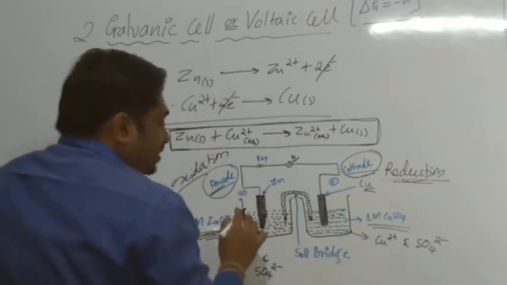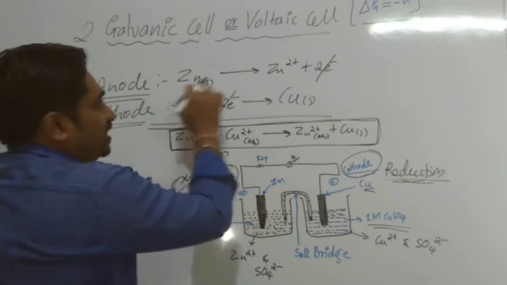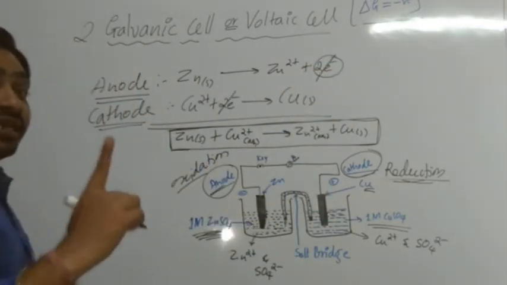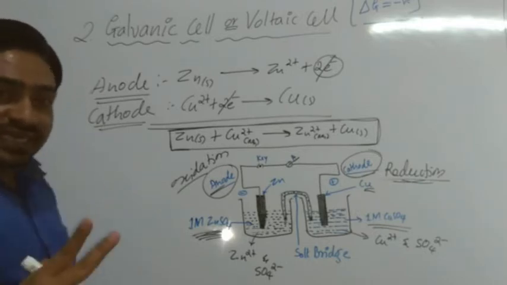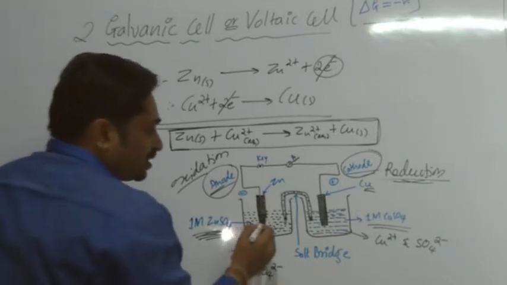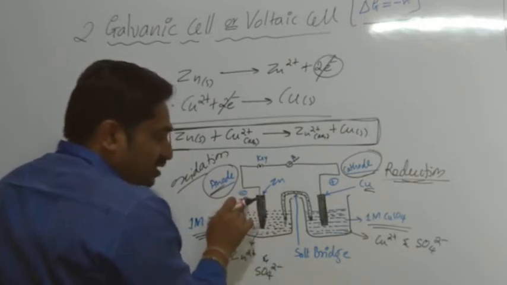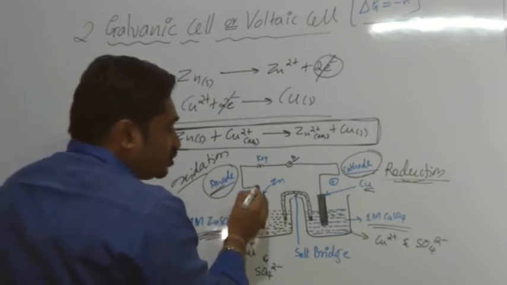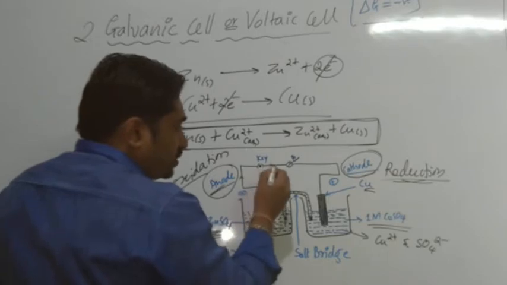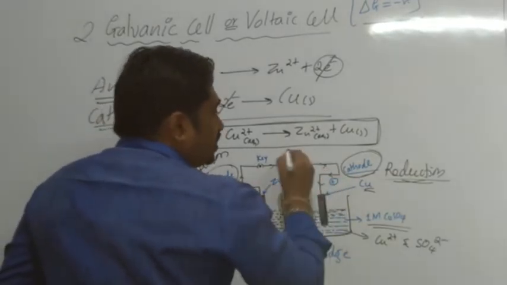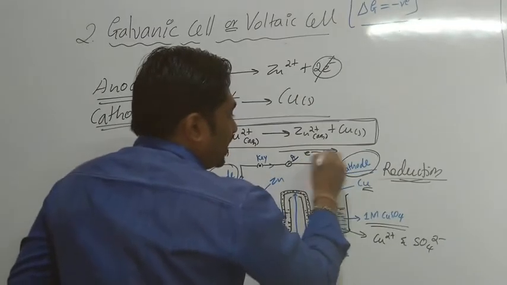As zinc is oxidized, each zinc atom loses 2 of its electrons. These electrons come here and make this electrode negative, and they move towards the positively charged electrode. This is the direction of flow of electrons.